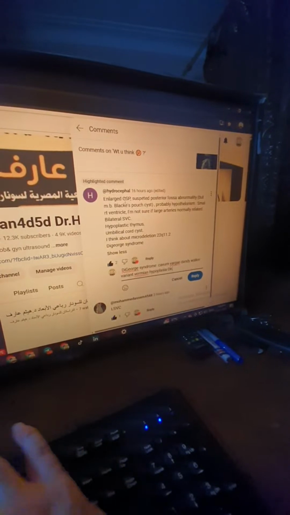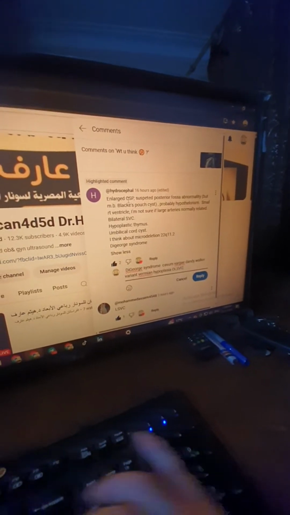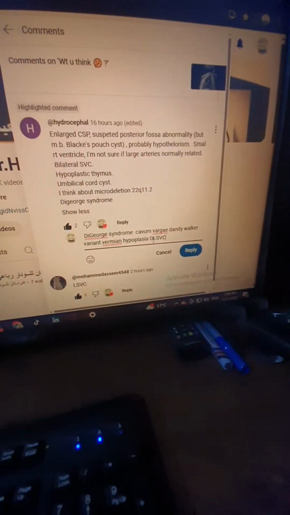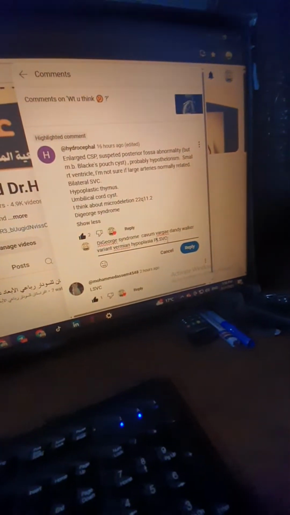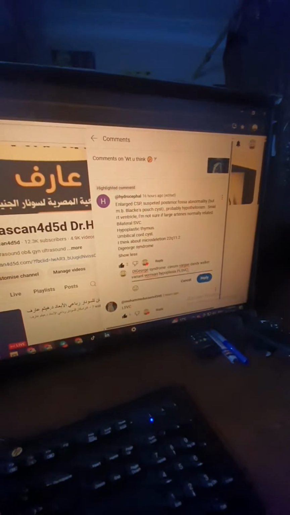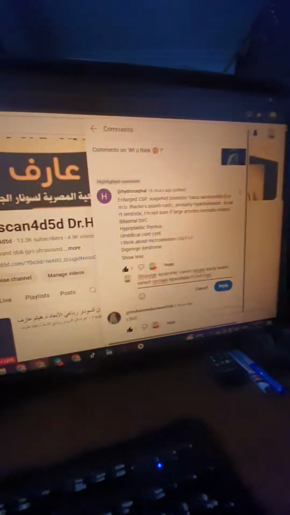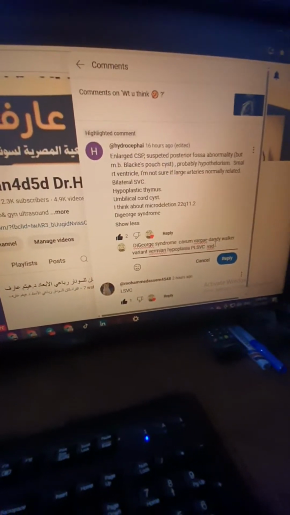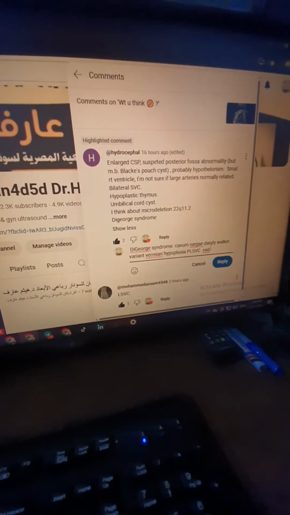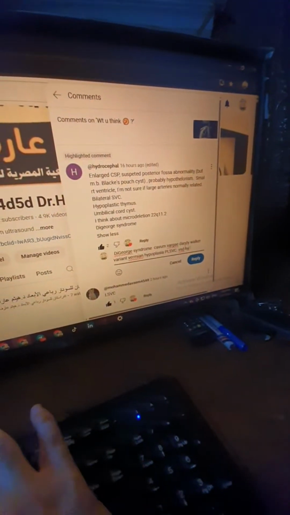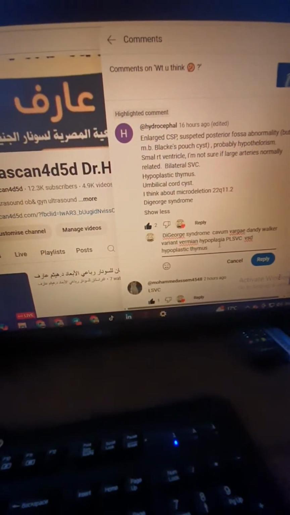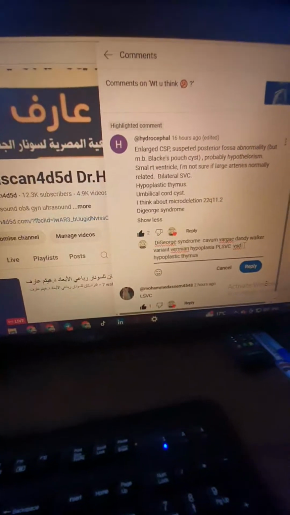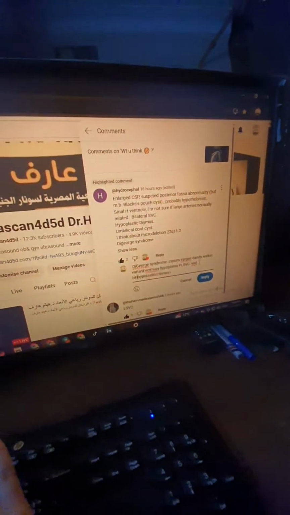With persistent left superior vena cava, a fourth vessel at the level of the three vessels, VSD, hypoplastic thymus. This is the good answer, hypoplastic thymus. VSD, biventricular hypertrophy.